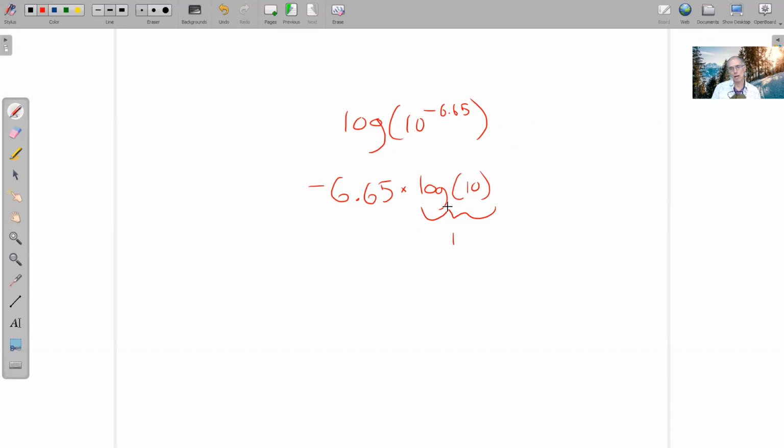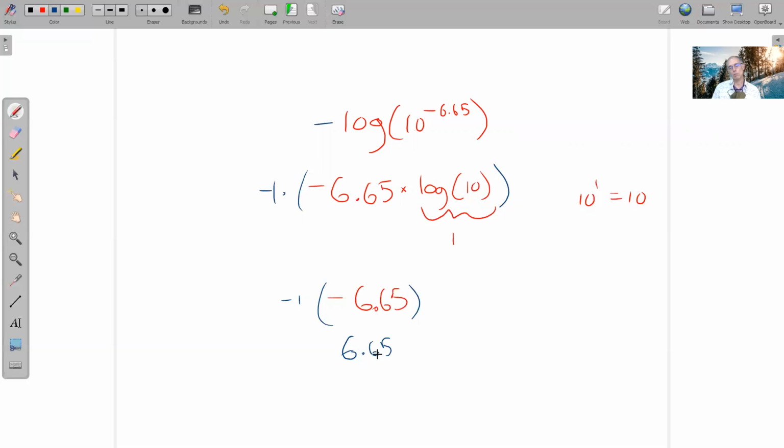Because this says, what power do you need for 10 to get 10? Well, 10 to the first is 10. And then we get that negative 6.65. And then our formula also had a negative in front, and a negative in front means basically multiply by negative 1. So that's the arithmetic that's going on.